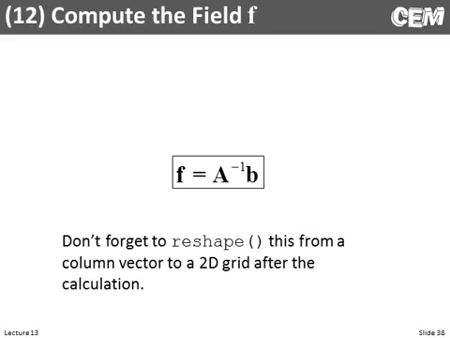So we call MATLAB to calculate F, and remember, we're definitely not going to calculate the inverse of A. We're going to say A backward divide B in MATLAB. And once we get that, we're going to have our answer, our field everywhere, in the form of a column vector. Don't forget to reshape that back to the 2D array so you can visualize it.